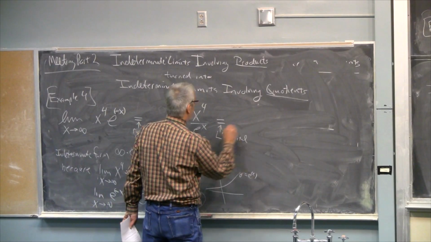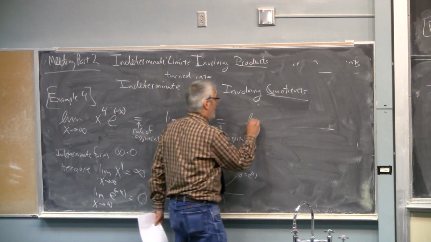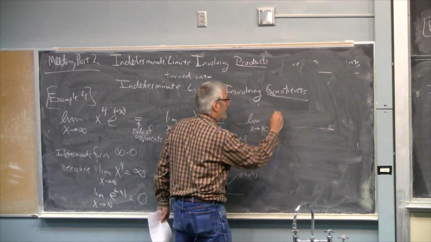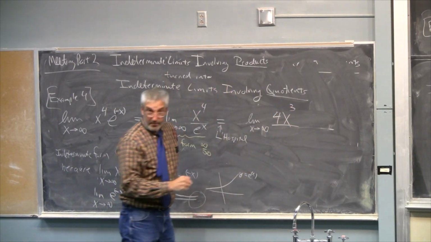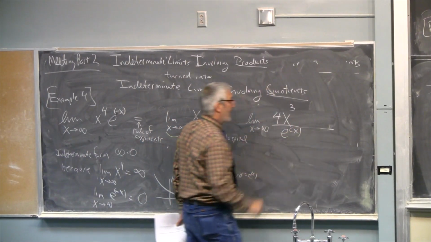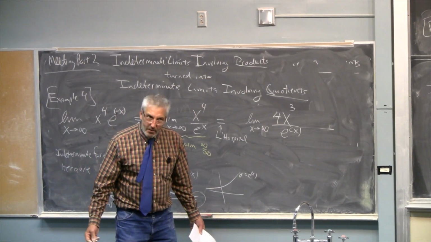So I'm going to have this equal to the limit of the quotient of the derivatives. So in the numerator is 4x cubed. In the denominator, oh goody, that's just still e to the x. But dang it, that's still indeterminate.